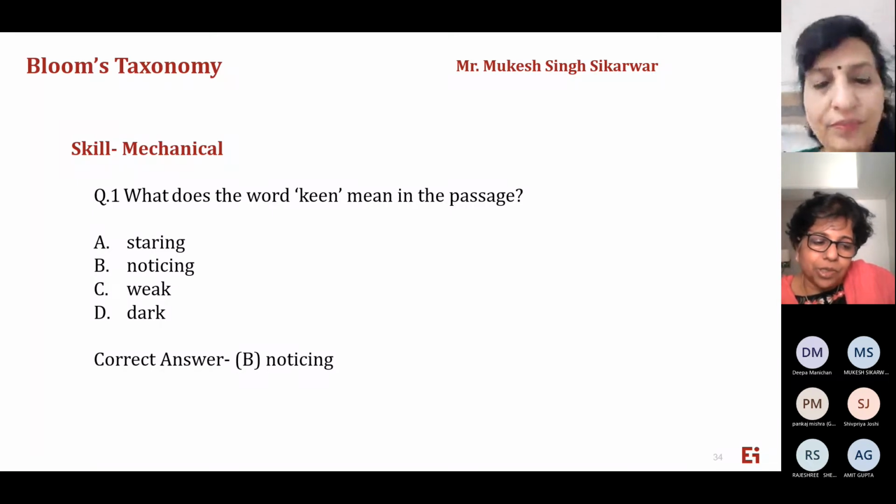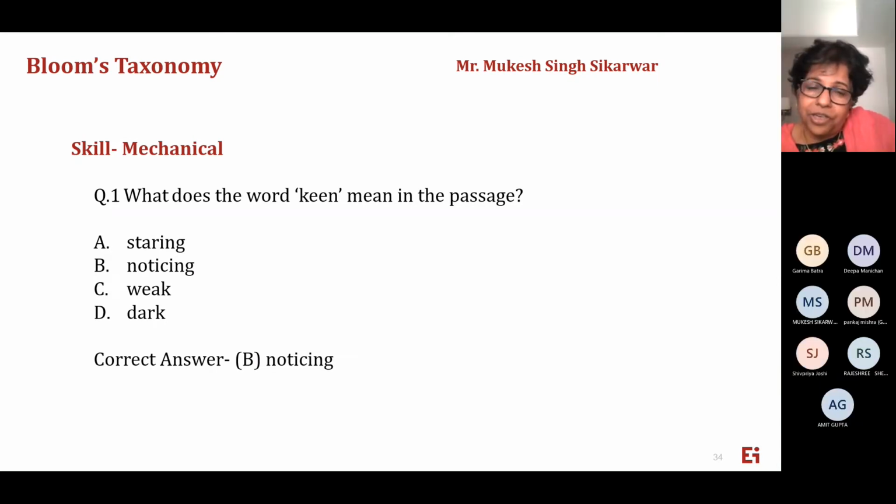No, but Mukesh sir was saying that the wrong options are not playing on the different meanings of keen. If a child knows that keen has several meanings, and only one is here, which is B, the child can automatically pick up B. There is no confusion that the other wrong options are creating.